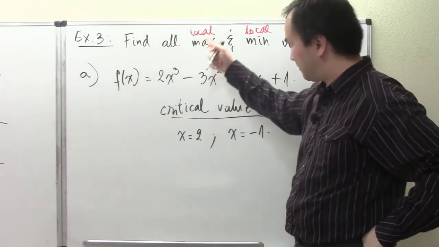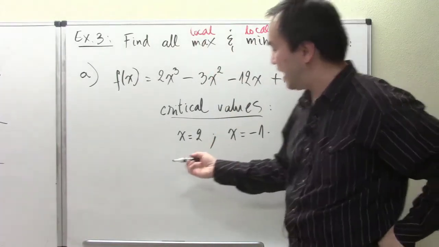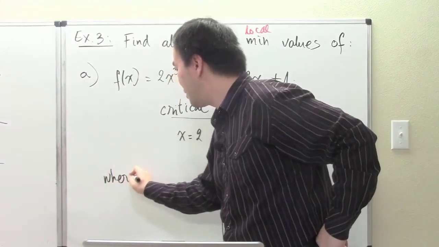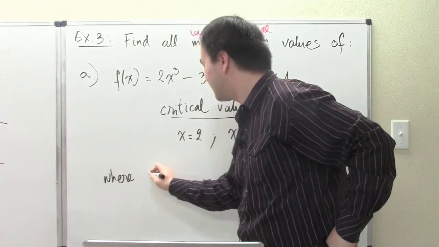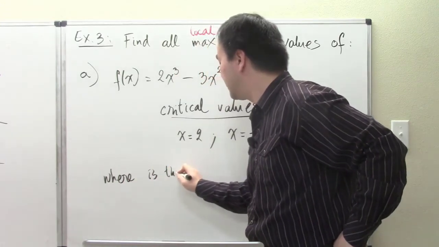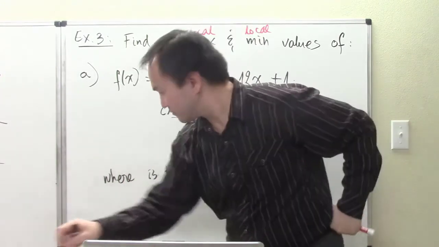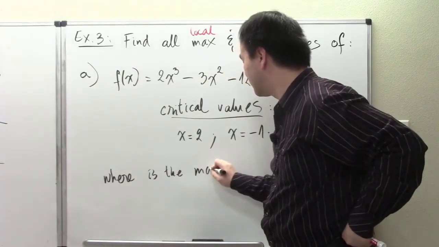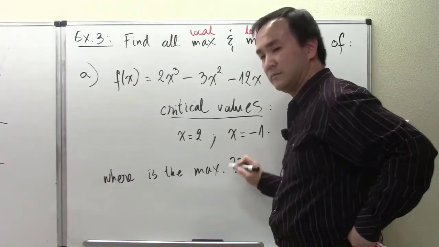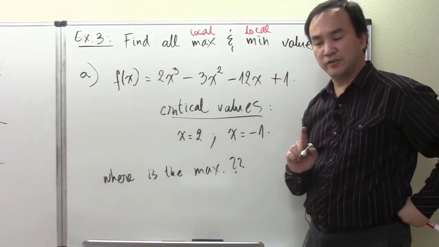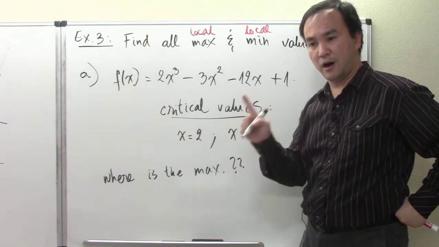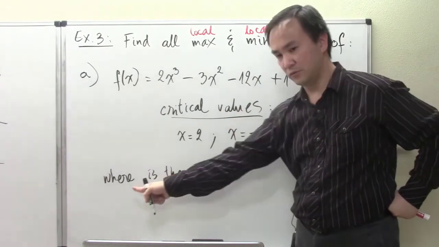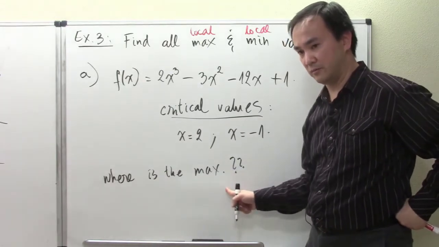For either one of them, local maximum or local minimum, you have to first answer: where is the maximum? It's sort of like asking yourself, where is the tallest building in the city? Where is the maximum value?